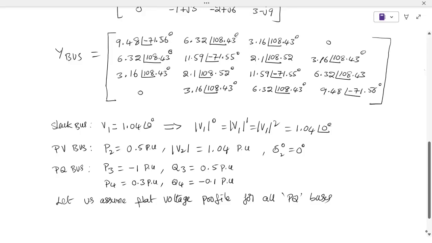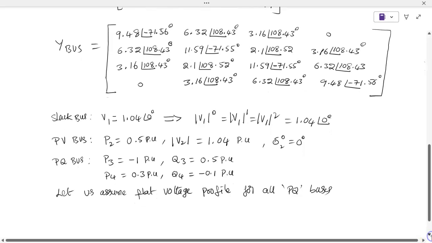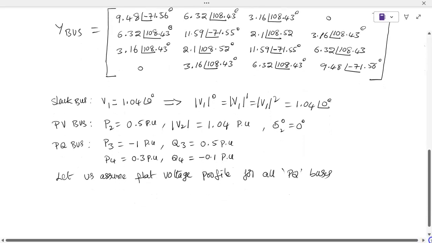For the slack bus and PV bus it is not required, because the voltage value is already known for both, that is, 1.04 at an angle 0. Now for these two PQ buses, bus 3 and bus 4, we need to assume this flat voltage profile, and as per that flat voltage profile we will see how it works.